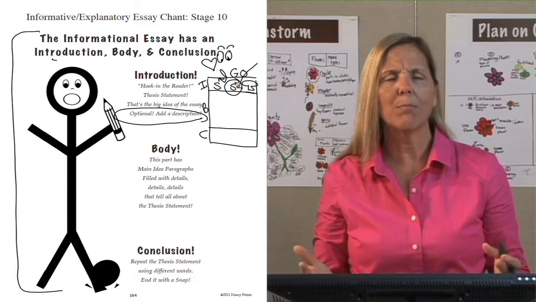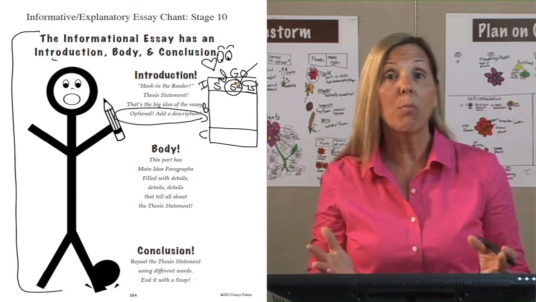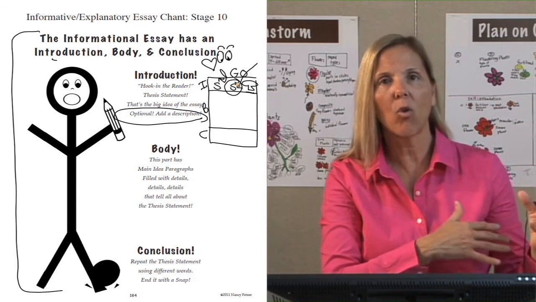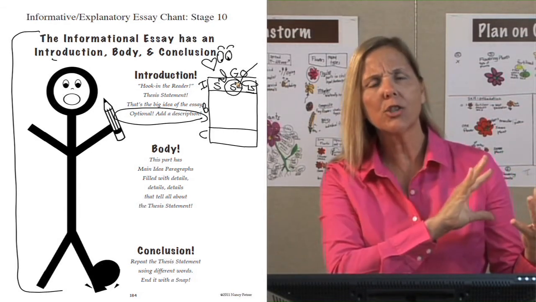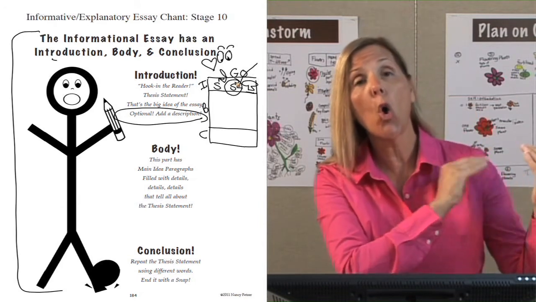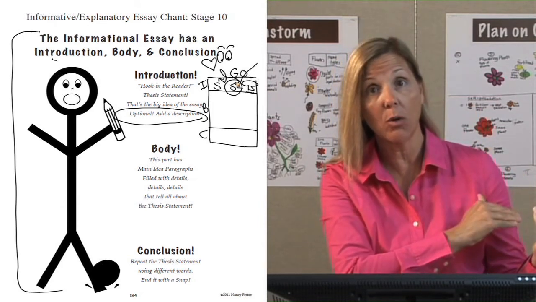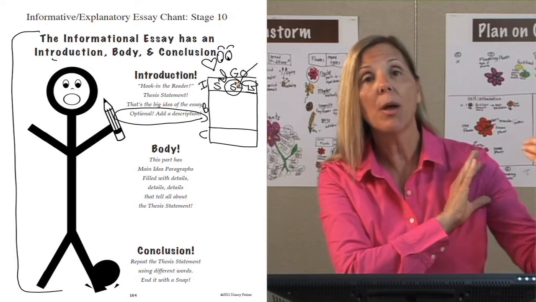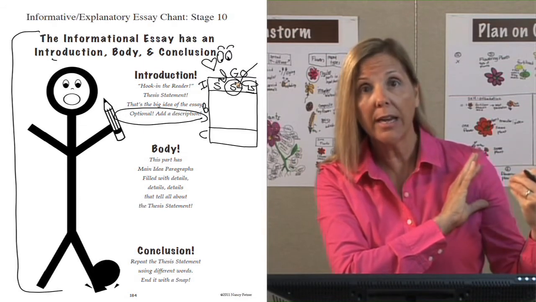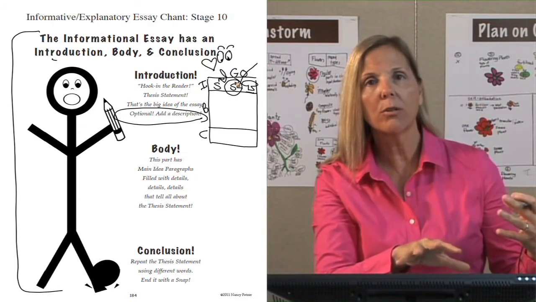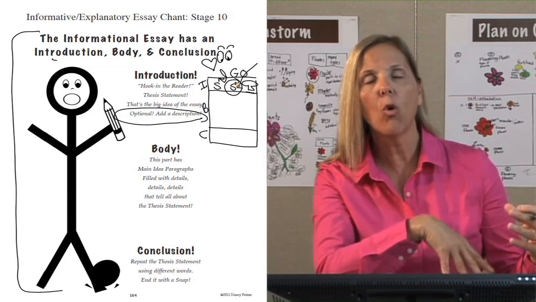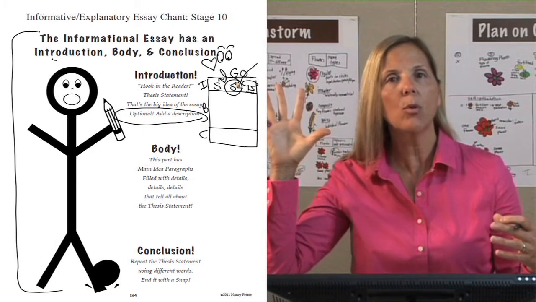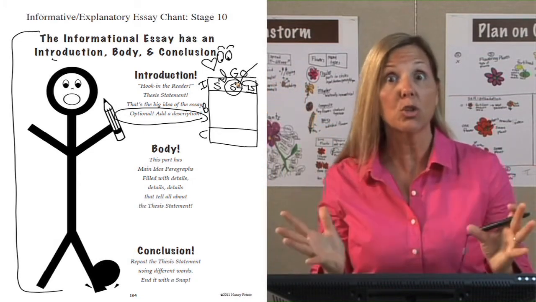So let me give you another example. What if I was writing a report about volcanoes and how they create and devastate landforms? Well, I probably, in my introduction, need to give a description of all the parts and functions of a volcano, a descriptive piece of writing that is going to provide the reader with the background they need about a volcano, so when I tell how volcanoes devastate and create landforms, they will understand that information because they know what a volcano is at that deep level through a description.